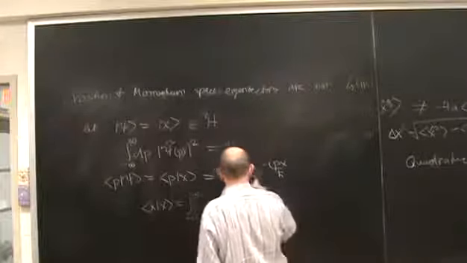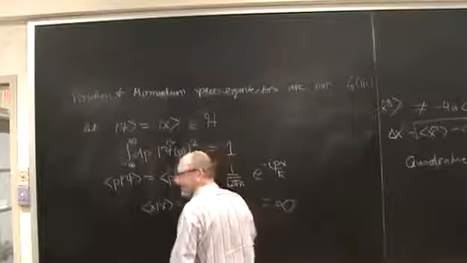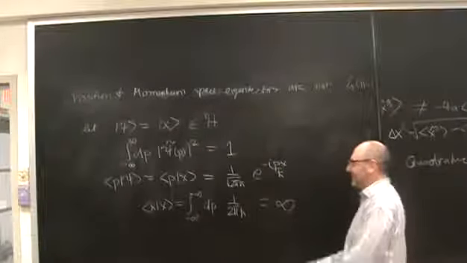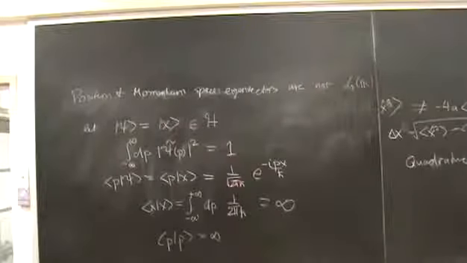And what's the magnitude squared of this? 1, right? And so that is infinity. So that's not possible. The same thing is true for momentum. These things are not square normalizable. They're not in the Hilbert space.